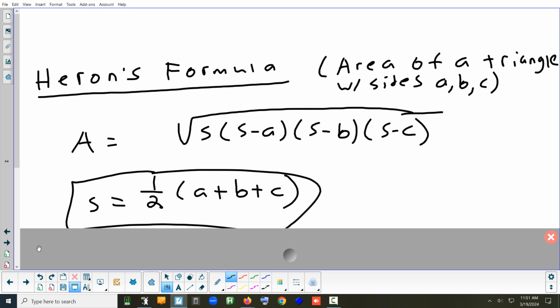Half the perimeter, yeah. So half the perimeter is called the semi-perimeter. That's where the S comes from. So you just add up all the sides and then take half of it.